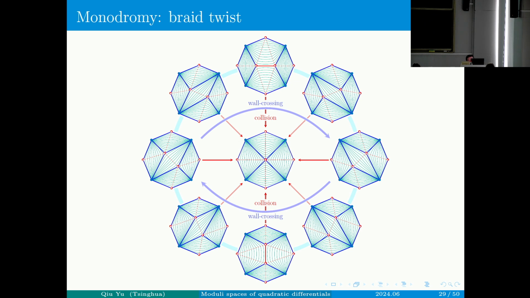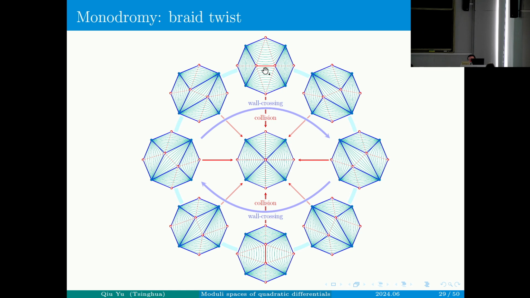This arc in the quadratic differential is basically connecting two simple zeros, and in the moduli space, we can actually collide these two simple zeros to get a double zero. However, if you collide these two simple zeros to a double zero, like in the middle picture, then this point is not in the top stratum we are considering because we are not allowing the double zero.